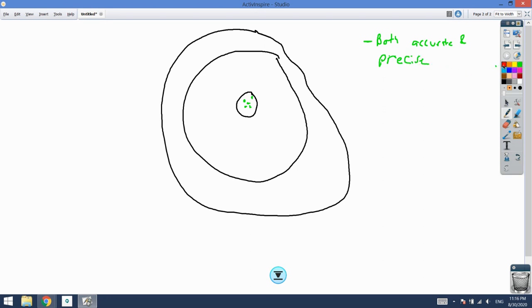What about where we have in the light blue? And we do our five attempts. 1, 2, 3, 4, 5. You can see that they're pretty close together, but they're also pretty far from where we want to be. So how are we going to describe that?